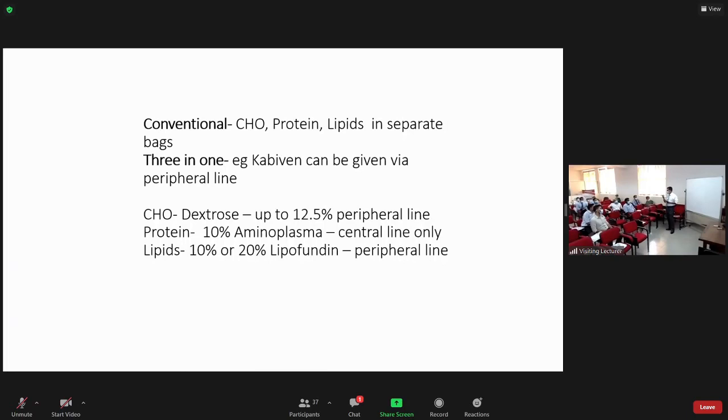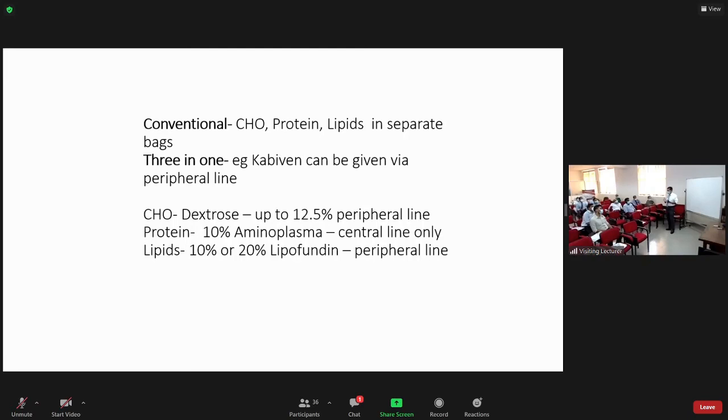Energy density is also low and protein content is also low, but it is made mainly for peripheral lines. But in developed countries, when we write the prescription, the laboratory makes a tailor-made formula, I mean, a parenteral nutrition preparation.